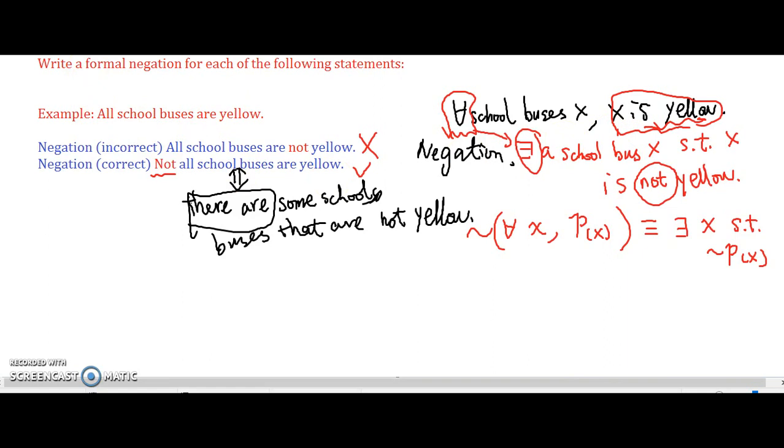Okay, let's look at the next example, the negation of existential.